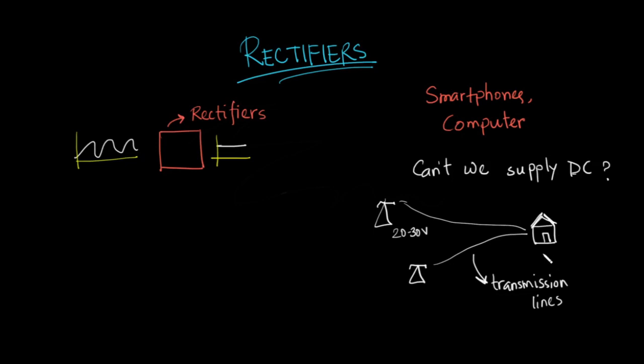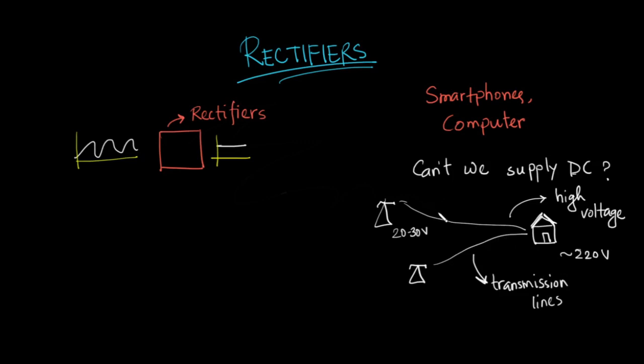So to have any reasonable efficiency in supplying across transmission lines, we need to transmit this power at a large voltage. We need high voltages to supply using transmission lines. The power that we use at our homes, our wall plugs, actually supply about 220 volts, but the transmission lines don't supply power at 220 volts.